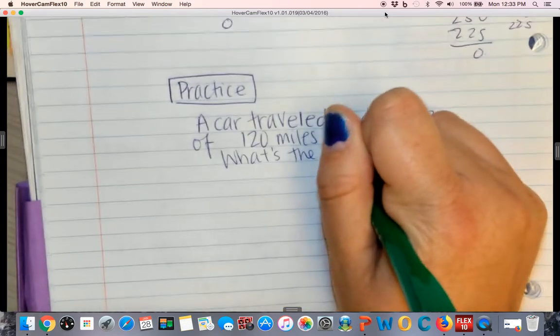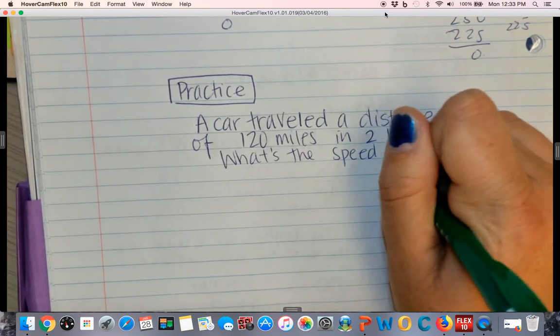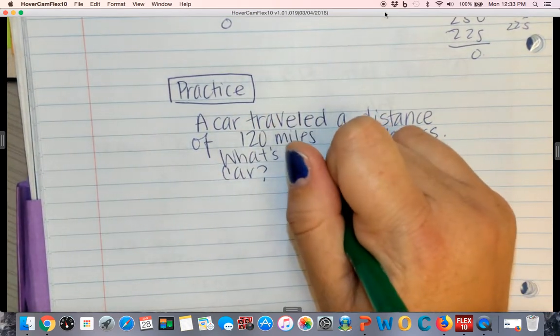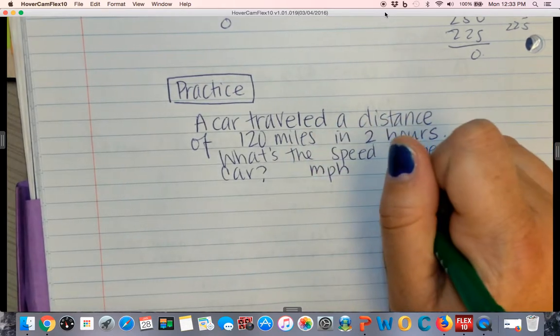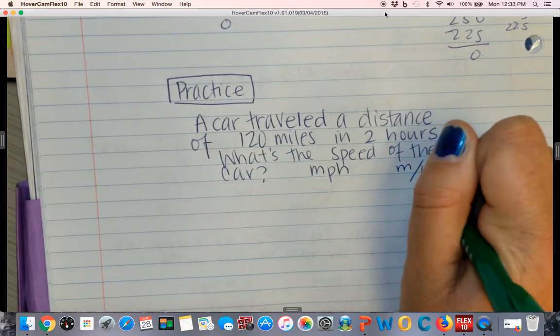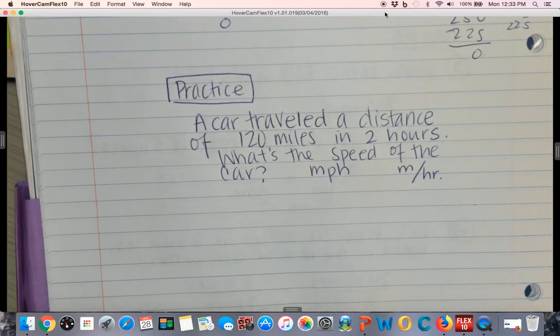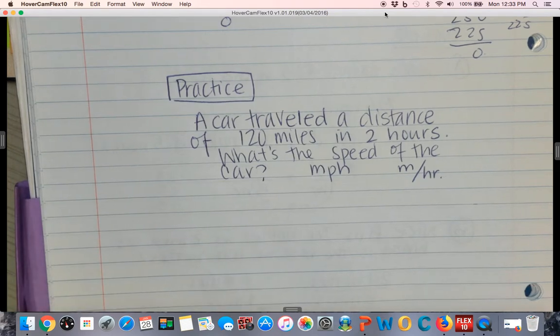What's the speed of the car? So you're looking for miles per hour. You probably can do it in your head, but write it as a ratio. Rate. Okay, that's it.